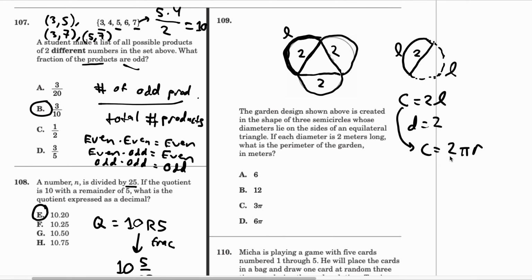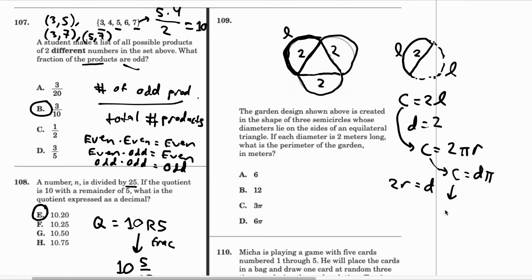Now, 2 times the radius is the diameter, because the diameter is twice the radius. So we can rewrite this circumference as being just the diameter times pi, right? So we're replacing 2r with the diameter.